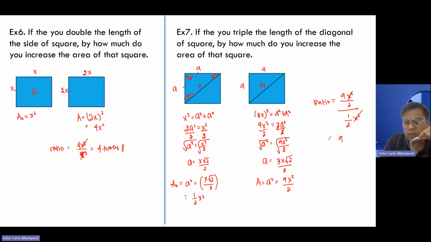So ibig sabihin, kapag in-increase nyo 3 times itong length niya ng ating diagonal, 3 times, so in-increase din natin yung area natin ng 9 times. So ganun yung ibig sabihin. So pwede yung i-screenshot.